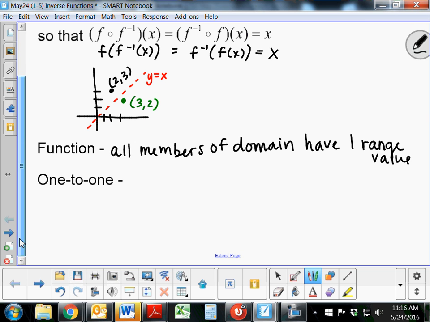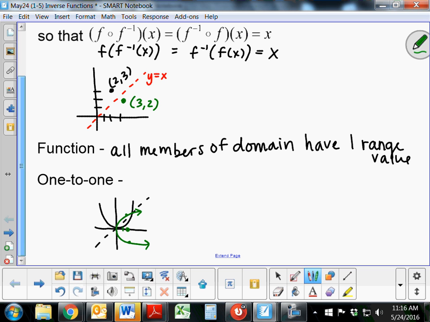A parabola. So he's thinking of a U-shaped graph. When I reflect it over this line, it ends up looking sideways, and it's no longer a function. Notice that when I reflect it, there are members of the domain that are now tied to more than one range value. They have a positive and a negative on this parabola.